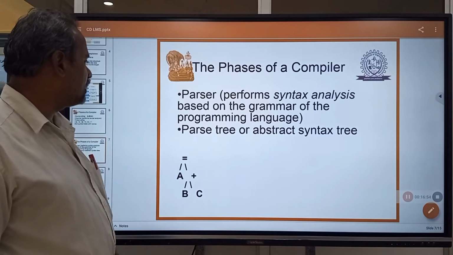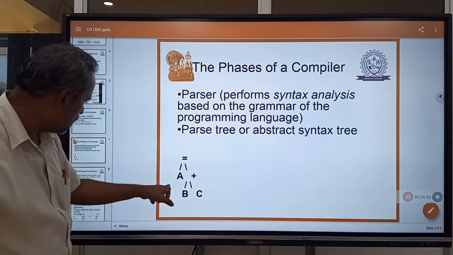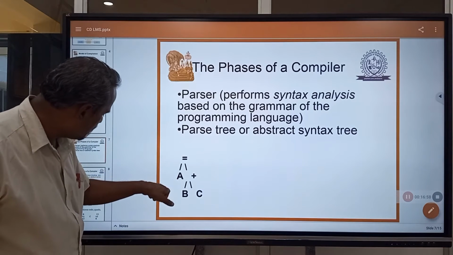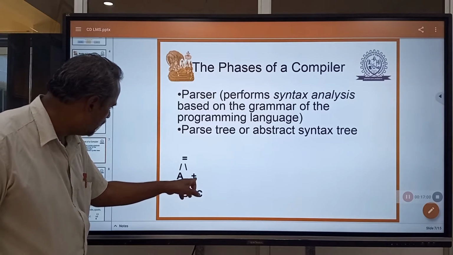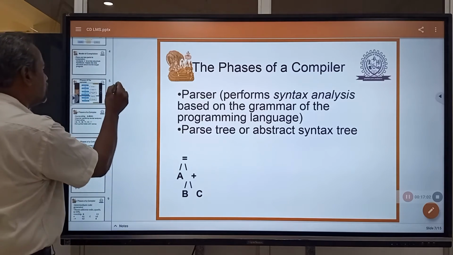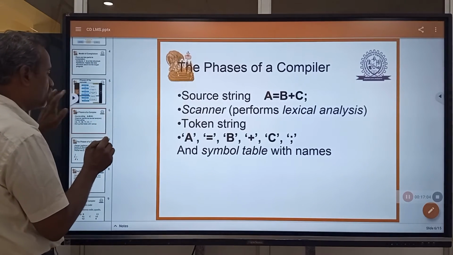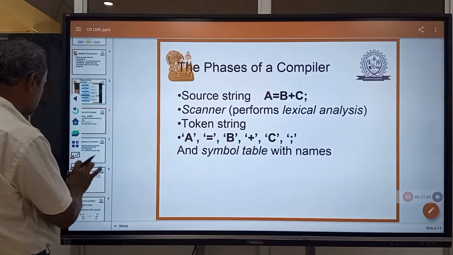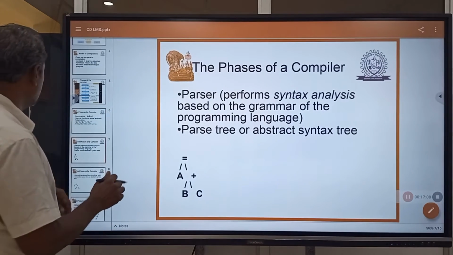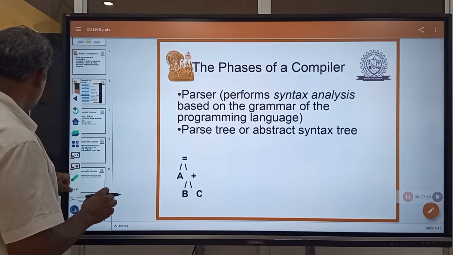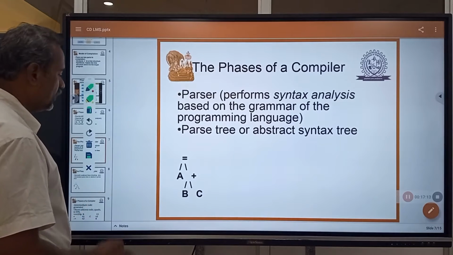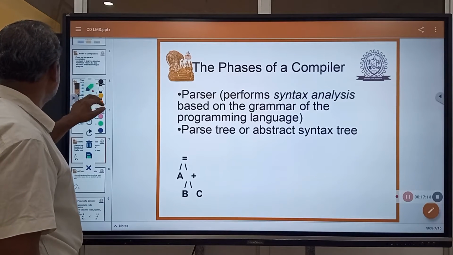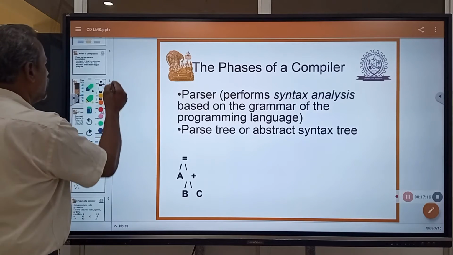The syntax analyzer generates a parser tree. See here, assignment: on the left, A, followed by a symbol. What expression? Because A equal to. Quite simple. What is the expression?